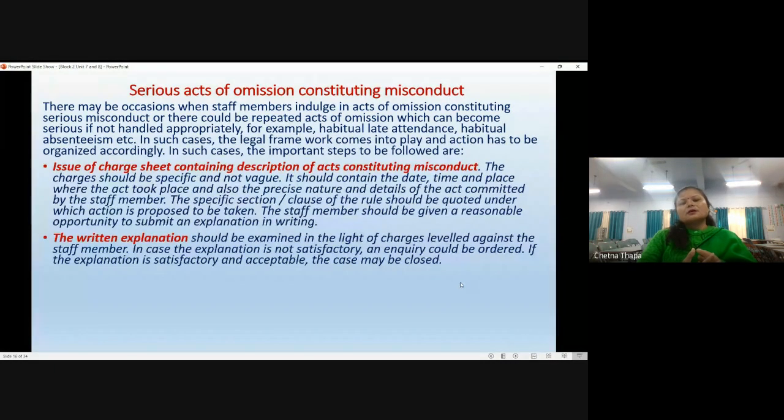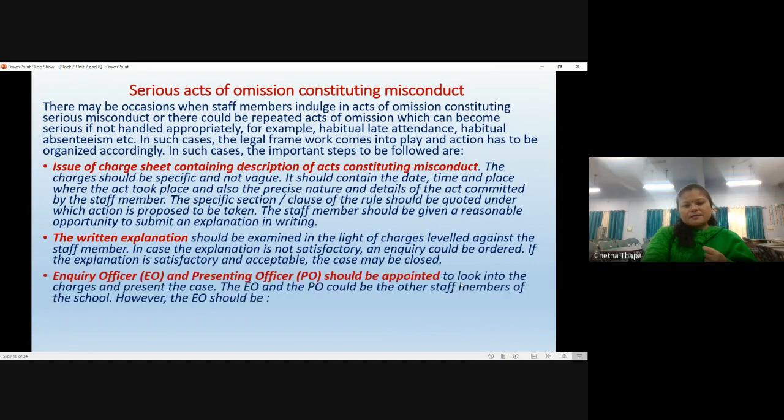Whatever explanation the staff member has given in writing needs to be examined in the light of the charges being levied against the staff member. In case the explanation is not satisfactory, then an inquiry should be ordered. And if the explanation is satisfactory and acceptable, the case may be closed. When it is not acceptable, then an inquiry could be ordered.